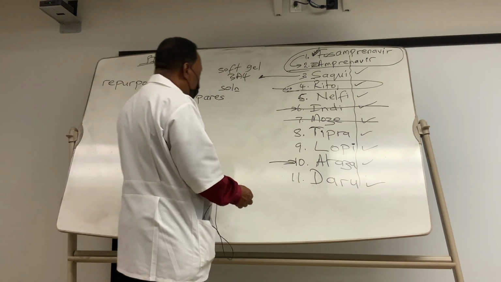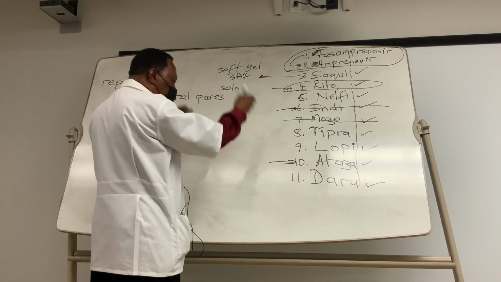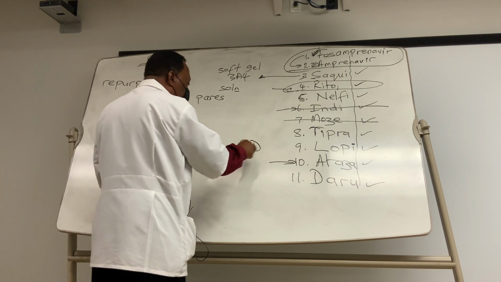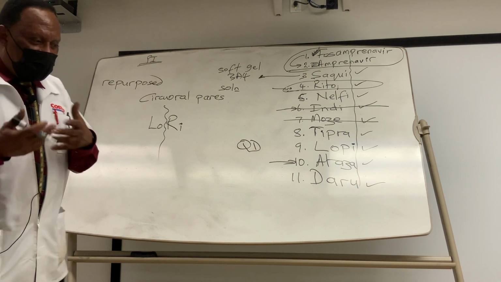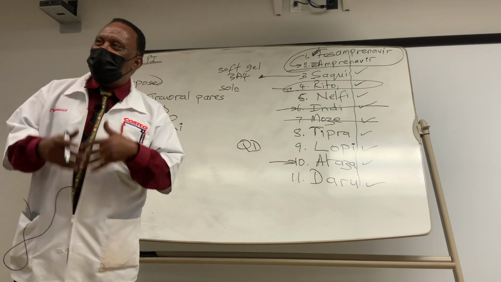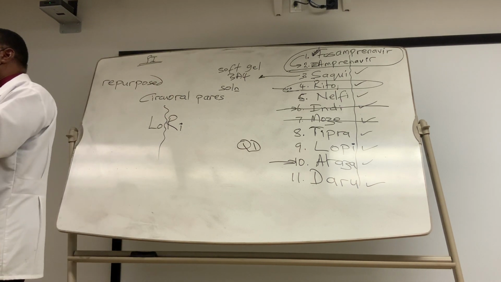Atazanavir was the very first PI to be available for QD administration. You give 400 milligrams PO QD. The drug did not affect triglycerides. The drug did not affect cholesterol.